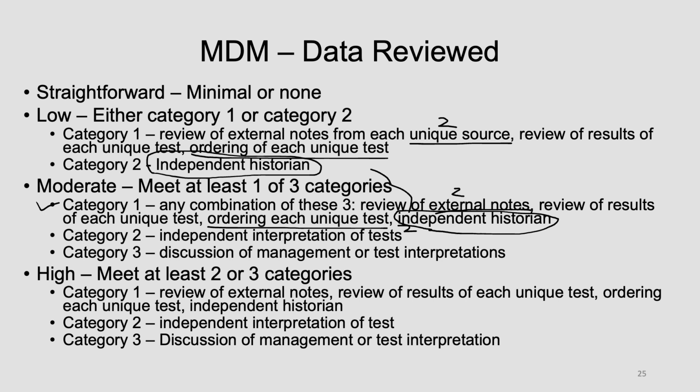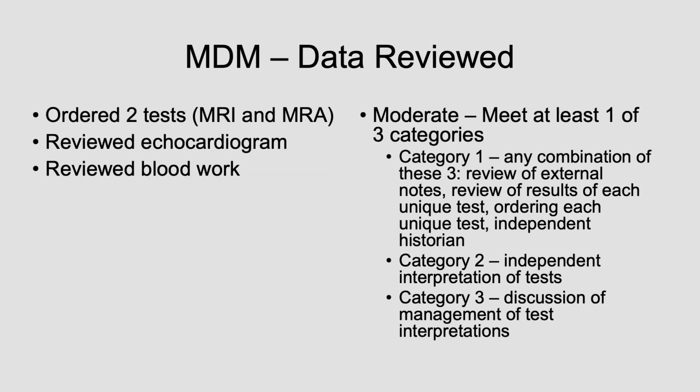So remember those differences. For high, you need to meet at least two of the categories. So you have category 1, we've already said that we meet that, but you don't have category 2 or category 3. So therefore, this is moderate. They ordered two tests.